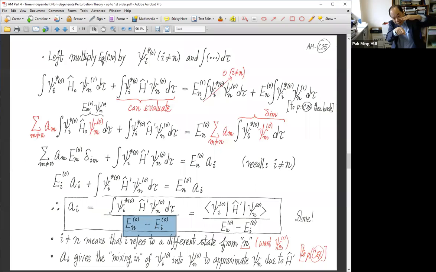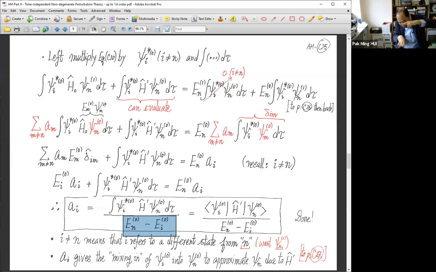This formula tells us there is another state i that can be lower than the nth state or higher than the nth state. There are many. This is the one you are asking for, okay? Some will be lower, some will be higher, okay? This denominator refers to the energy of the state that you are asking for.